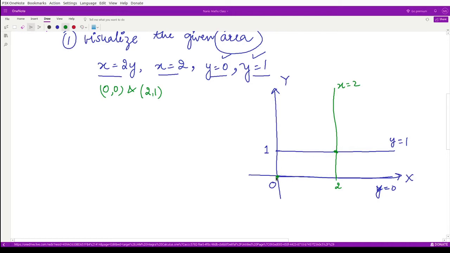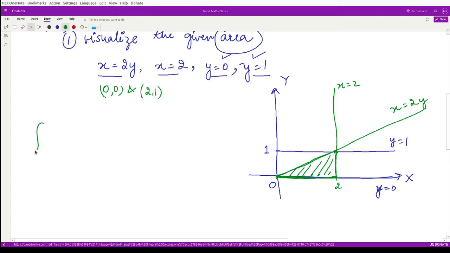So this would be your line, x is equal to 2y. So your bounded region would be that bounded between this line and this line. And obviously this line covers this particular portion also. So we have this particular region, right? So this is our required area.